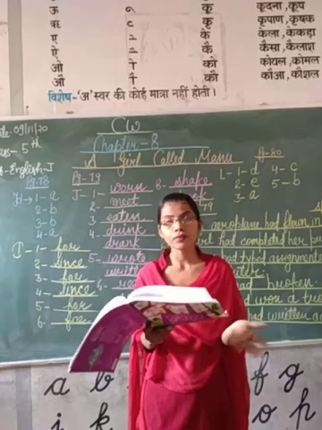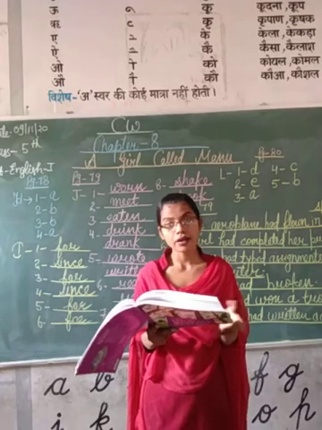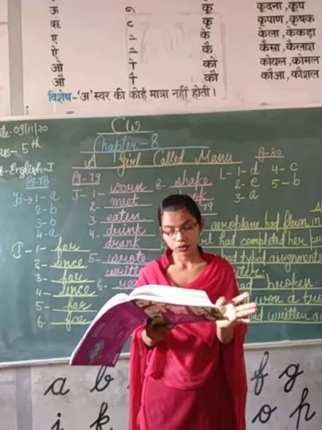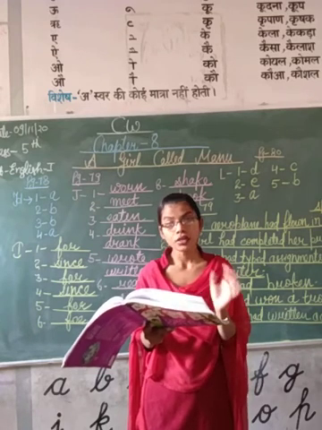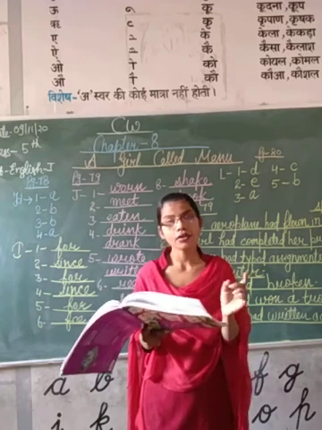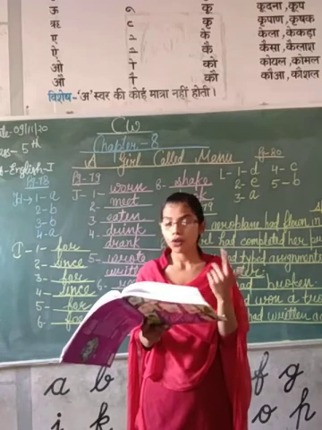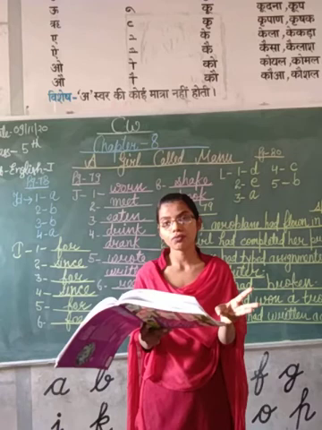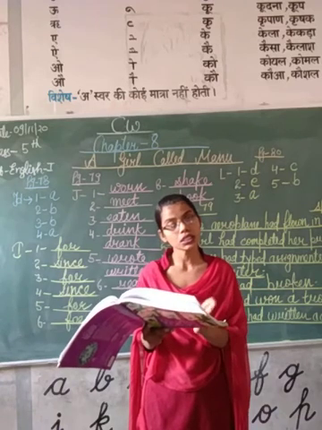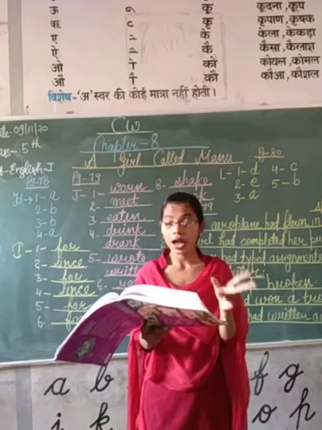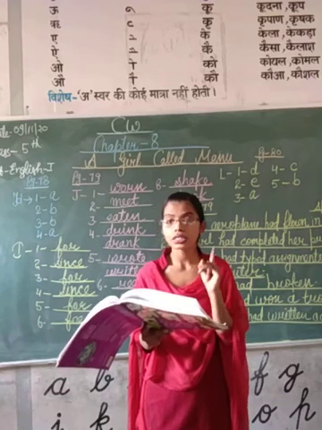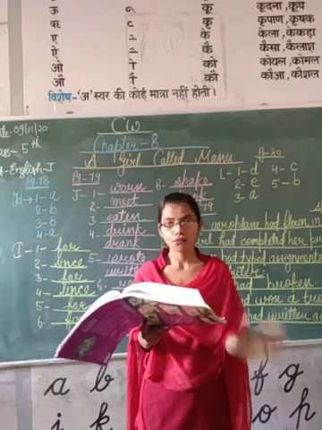How can we imagine the idea, whether it is past participle or not? Firstly you will see whether there is had or not. Which form of the verb is used here? Third form of the verb is used here. That's why it is related to past participle. Had plus third form of the verb is given, so it is a past participle form.